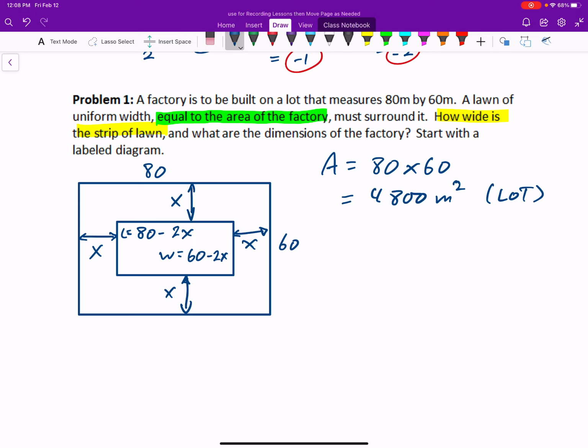The area of the factory is going to be half that, right? 4,800 divided by 2. So it's 2,400 meters squared. So we know that x is the width of the strip of lawn, but we don't know what it is. That's what we're supposed to find out.